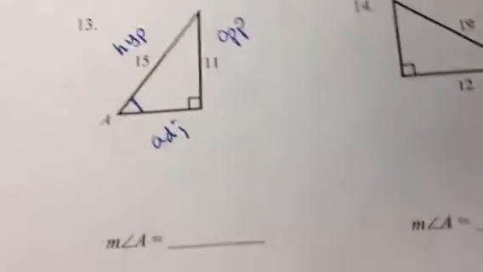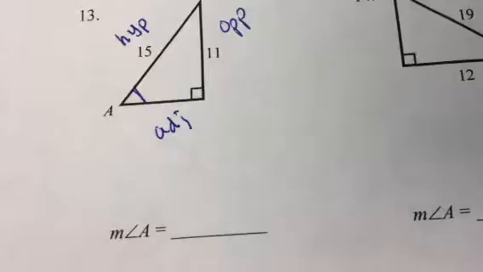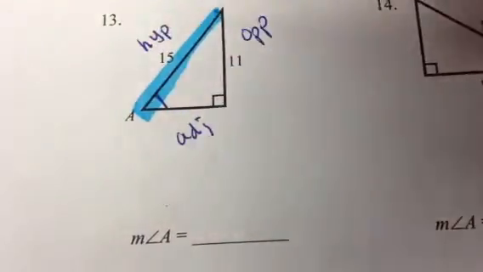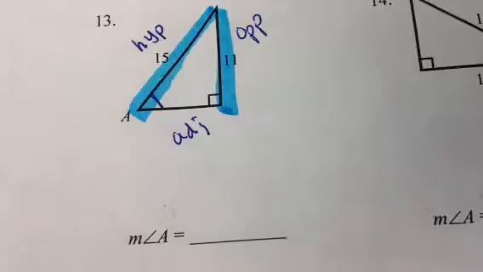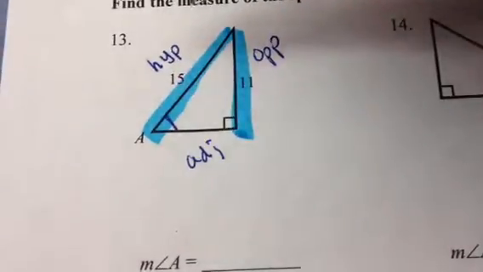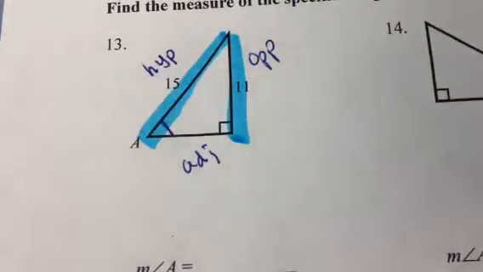So if I look at what I have, I am given the hypotenuse is 15, and the opposite side is 11. So if I think about Sohcahtoa, if I have an opposite and a hypotenuse, I'm going to use sine.